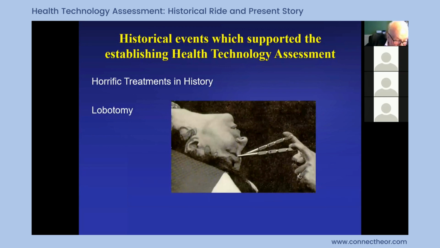Another horrific treatment from this time, shortly before HTA was established, was the frontal lobotomy. And those who did that were not necessarily surgeons who would know what they were doing.